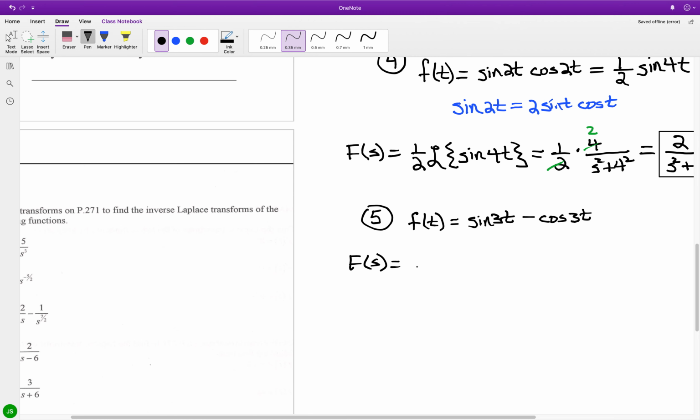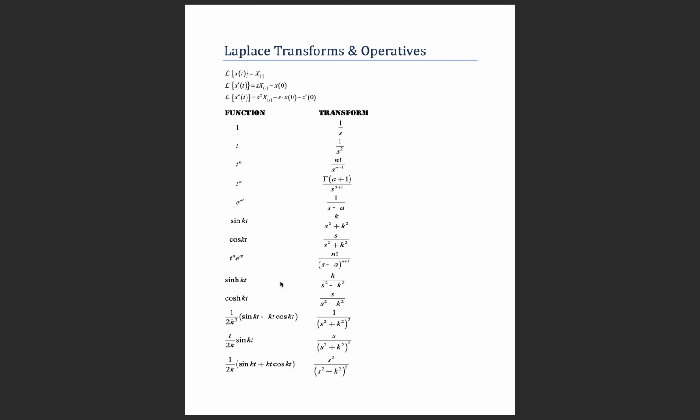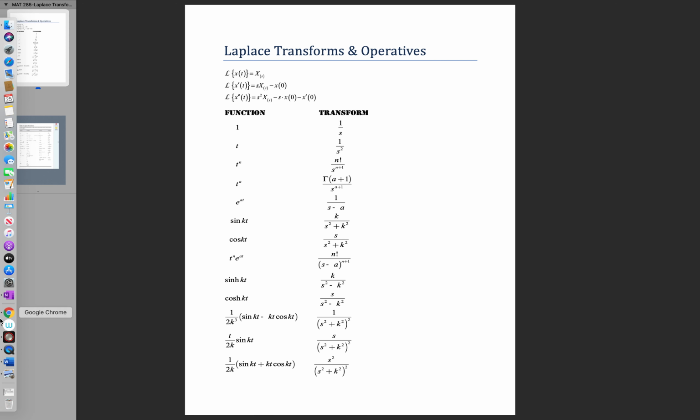So we have the Laplace transform of the sine of 3t minus the Laplace transform of the cosine of 3t. And again, the sine of 3t would be 3 over s squared plus 3 squared. Now, in the case of the cosine of 3t, this being the cosine of kt family, this would be s over s squared plus k squared with k at 3.